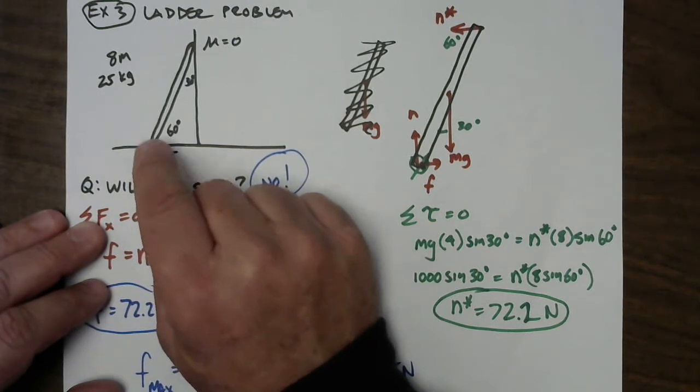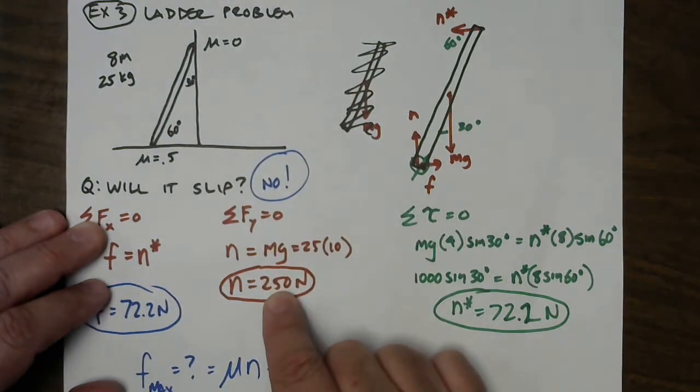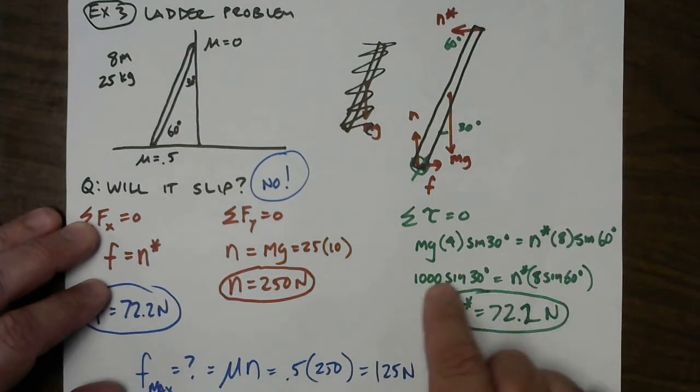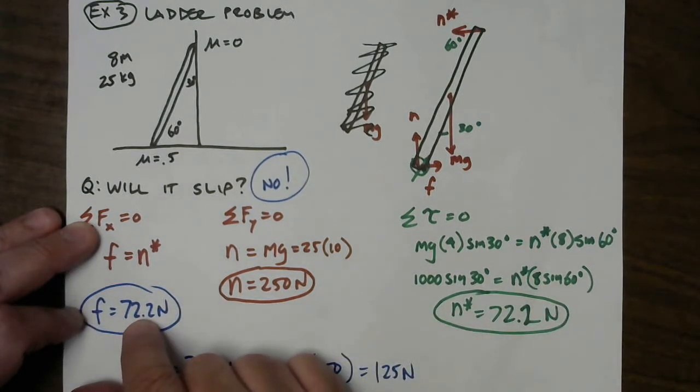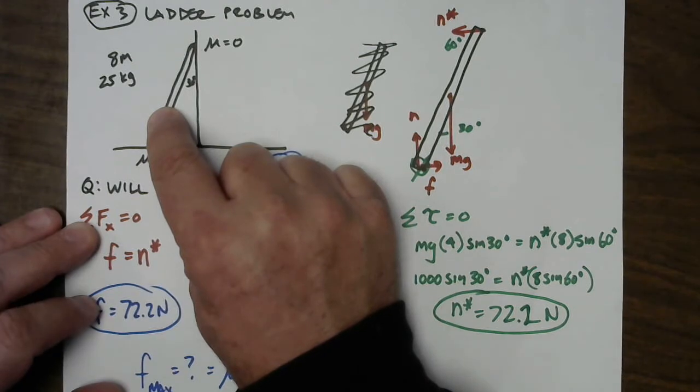What happens when we put a person on the ladder? We put a person on the ladder, the normal force will go up because the weight goes up. N star will go up because the weight of the person will be added to this torque equation, and that means the necessary friction will go up immediately. So what works for just the ladder leaning against the wall may not work as soon as you set foot on the ladder. And it's even worse than that.